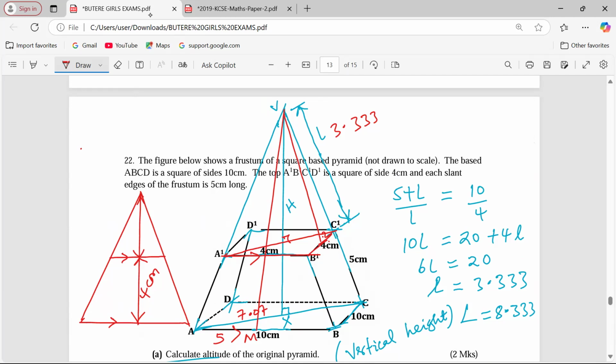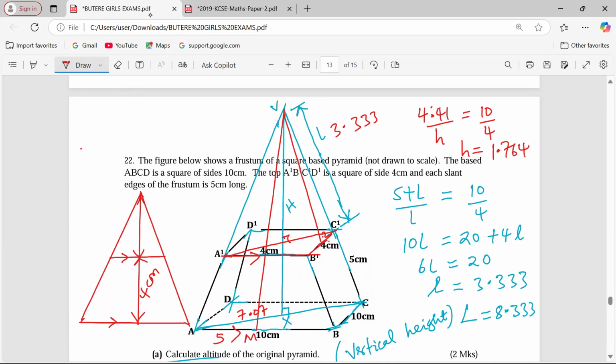Remember, when we take the vertical height of the bigger, 4.41, divided by the vertical height of the smaller, we should get the same as when we take the length over the other length. We use, instead of Pythagoras theorem, similarities and enlargements. So the height will be, when we take 4 times 4.41, then we divide by 10. This gives us 1.764.